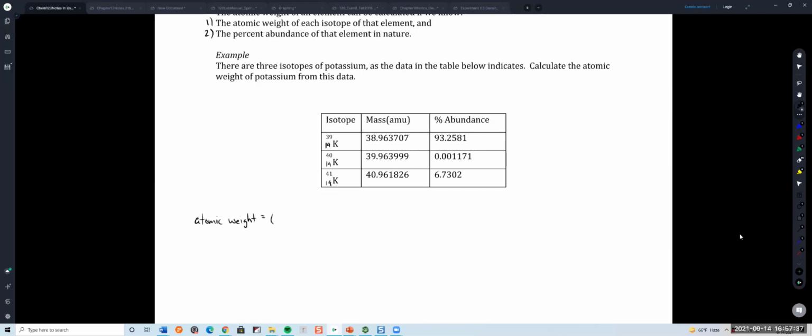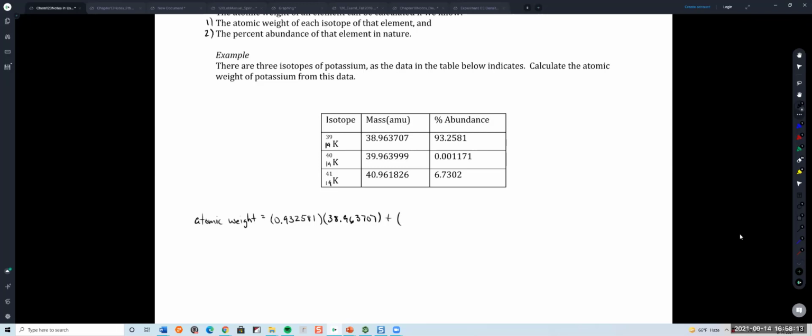So 93.2581% is 0.932581 times 38.963707 AMUs, but I'm going to run out of space if I put the units. So I'm going to be bad and not write the units.